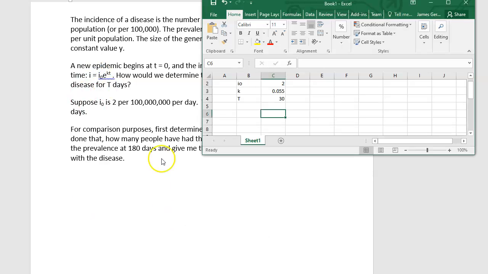All right, let's go over here. I've got I naught is 2. So on day 0, it's going to be I naught, which is 2, times e to the K times the day. All right, day 0, we've got this.